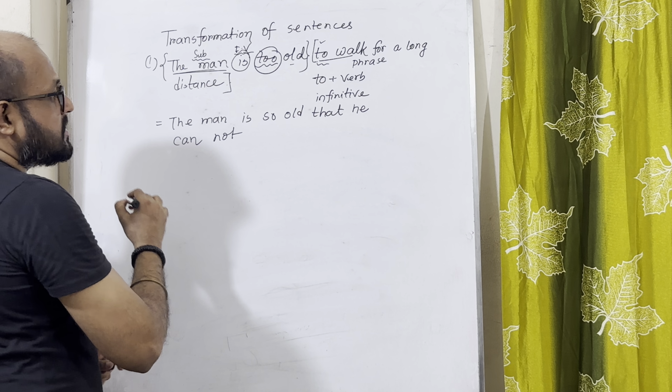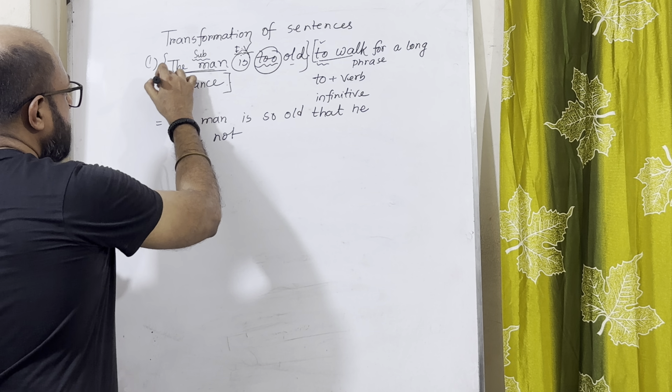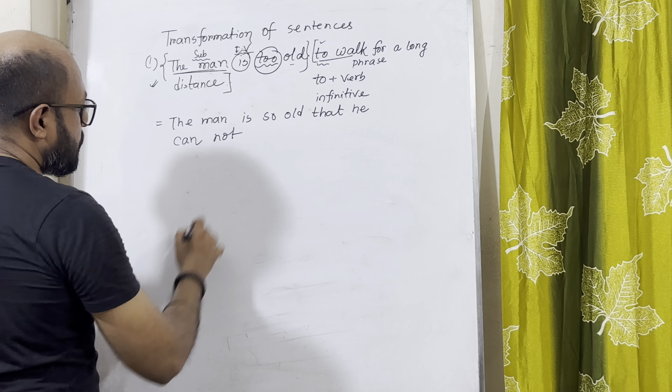And this is the structure of making such types of sentences into complex: so that, followed by cannot or could not. It will depend on your tense.